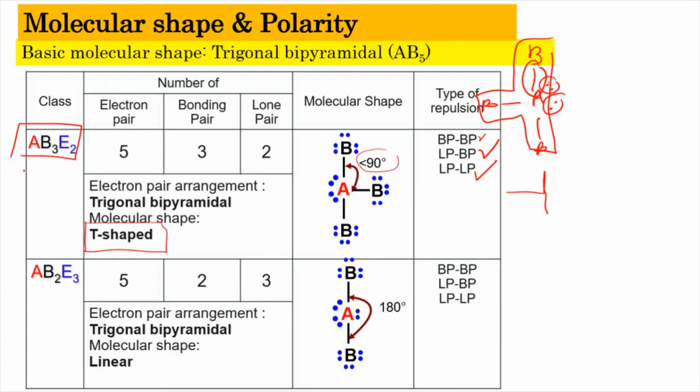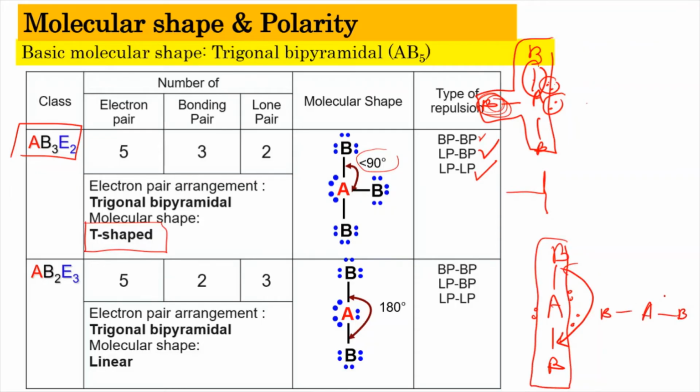Okay, and now let's say I'm going to change one of my bonding pairs here into a lone pair again. So what I'm going to get at last is something like this. So it looks like a linear, dalam satu garisan yang lurus. So you can also draw it to be something like this. And it's basically the same thing.